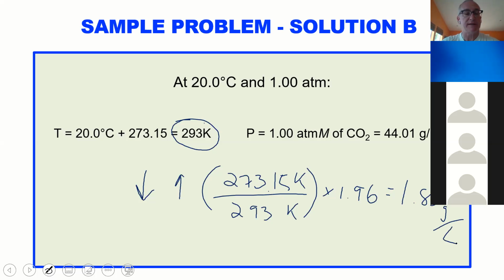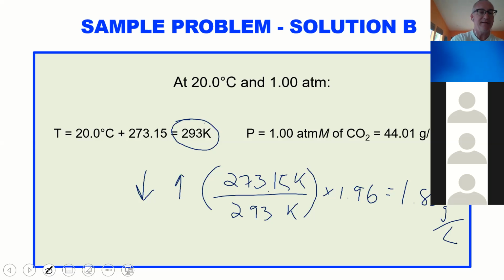With the gas laws, if nothing else changes, if my pressure doesn't change, if my n doesn't change, it's just a matter of figuring out whether it should go up or down. Is it inversely related or directly related? Pressure and volume are both directly related to the temperature.